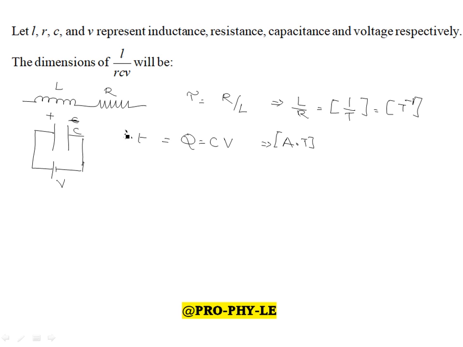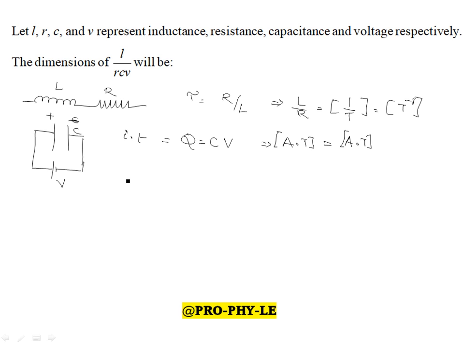So Q will be equal to I into T, so I will have units of ampere and T will have units of time, so this will be equal to ampere into time.